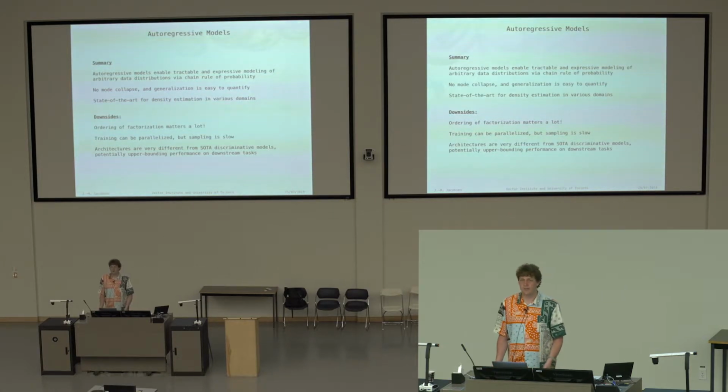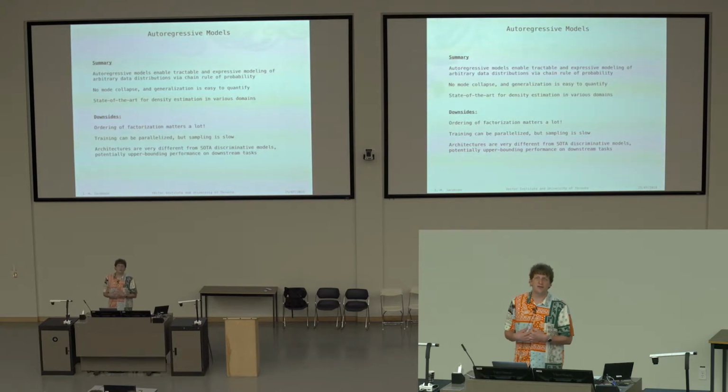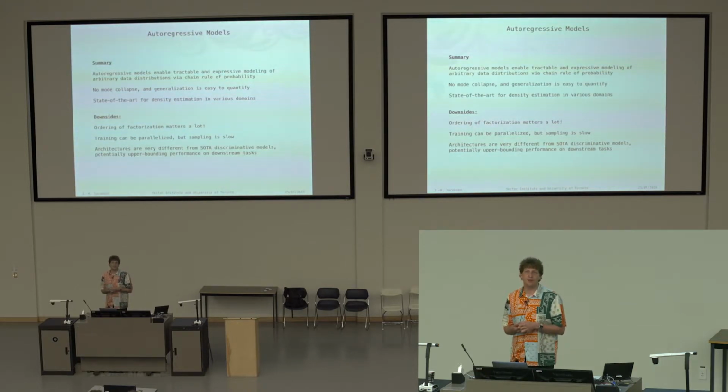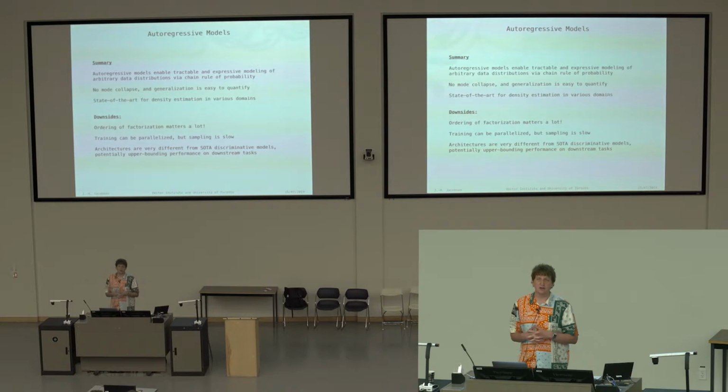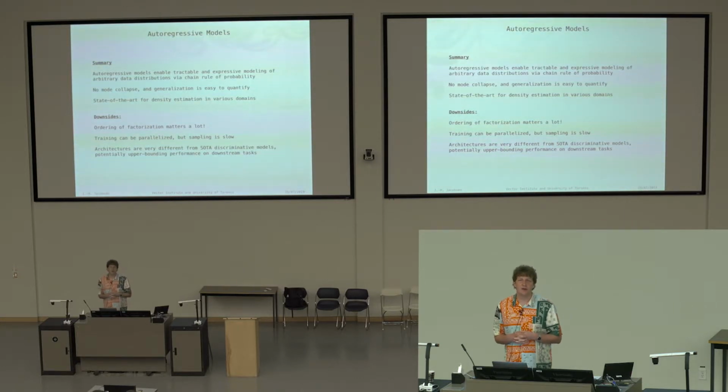GANs are thought to do something like that implicitly, but there's not really a nice way to train reverse KL divergence in a general form. So that's also a bit of a problem, because now you have models that assign high densities to areas where you have never seen data, just in case.